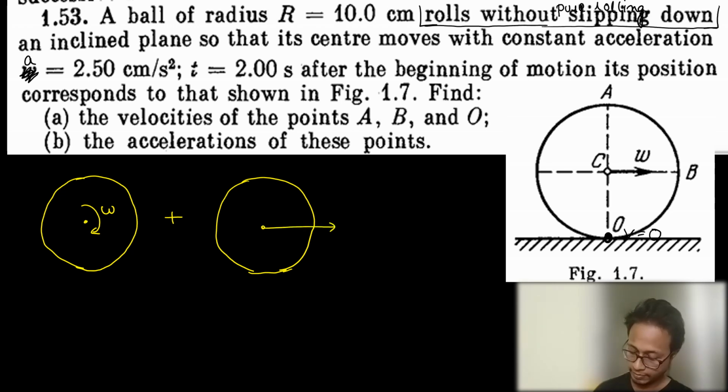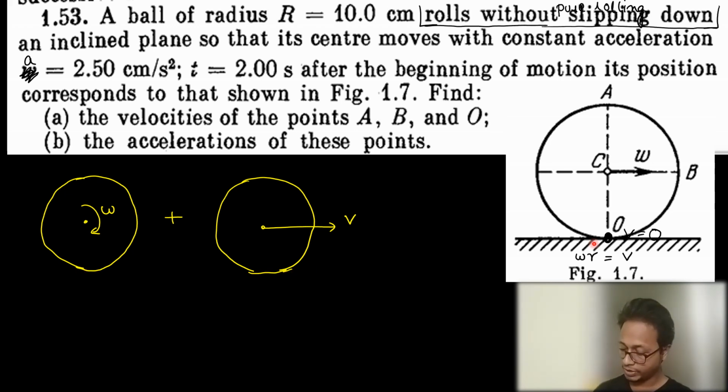Now for pure rolling, the condition is that the total velocity at this point should always be equal to 0. So whatever the instantaneous velocity at any time, it should be equal to omega r. The linear velocity of this point should always be balanced by omega r of this point.